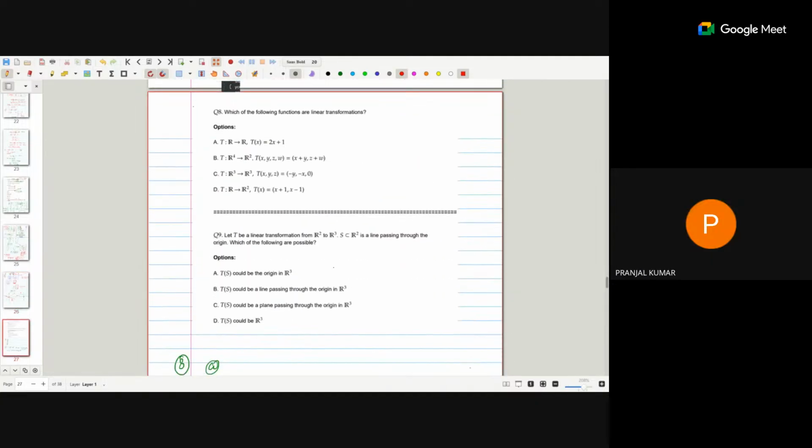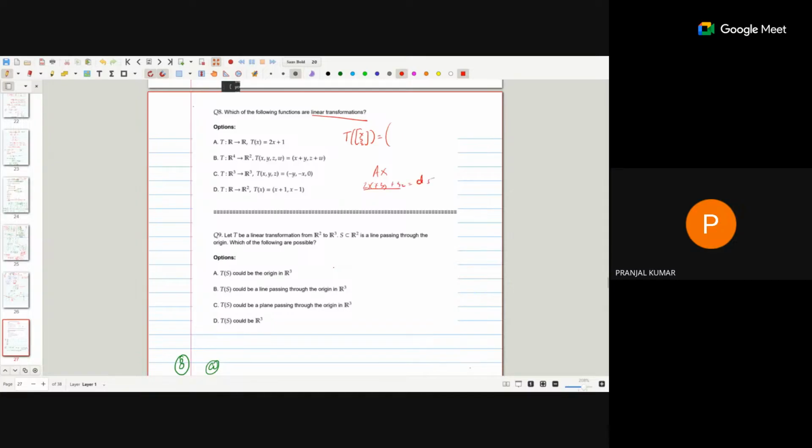Now, which of the following are linear transformations? These types of questions are very easy. You just have to see. Tell me, is the first option a linear transformation? No, it is not, because it has a constant here. You must have seen a linear system of equations, right? 2x plus 3y plus 4z is equal to 5.